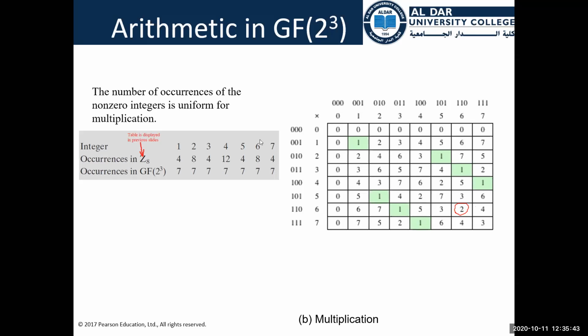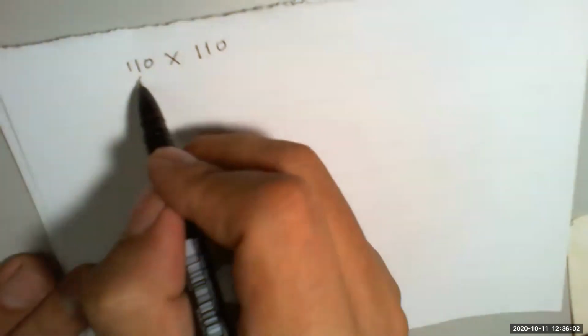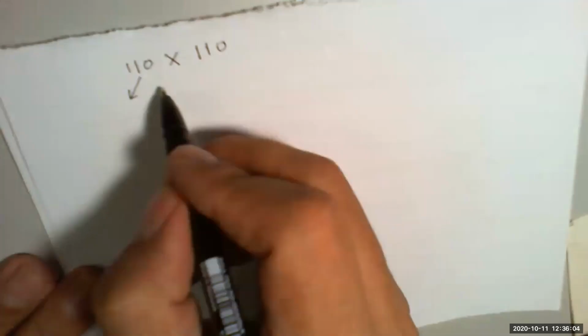So I share my camera back. For GF of 2 to the power n, I take this example. I want to multiply 1, 1, 0 by 1, 1, 0. 1, 1, 0 can be represented by a polynomial.